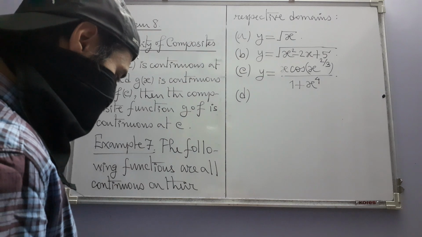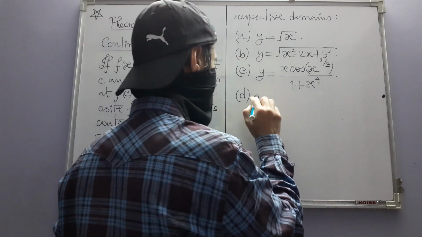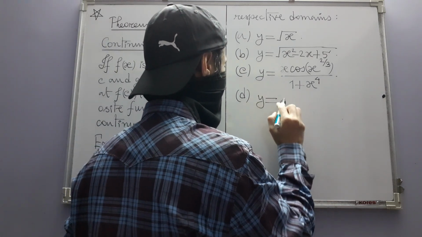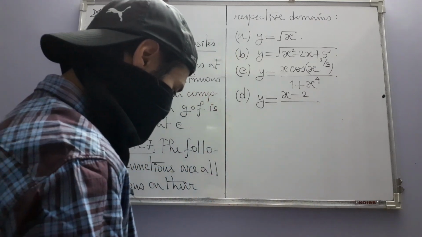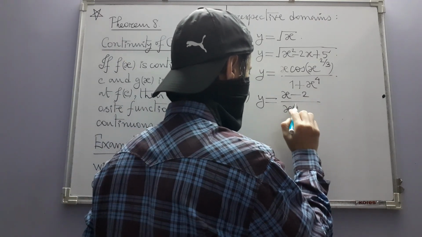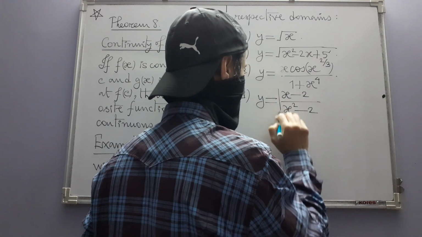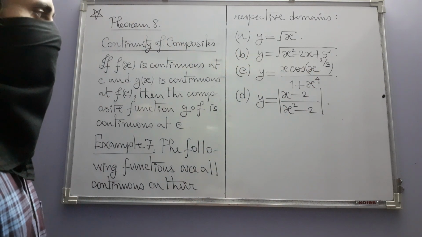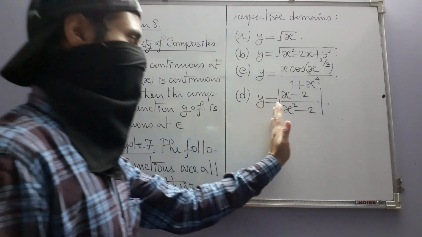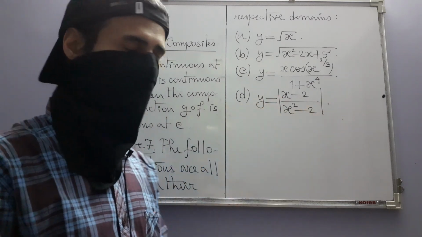Then we have this last one, D. X square minus 2. Okay. So here we see, let us forget about the absolute value for a moment.